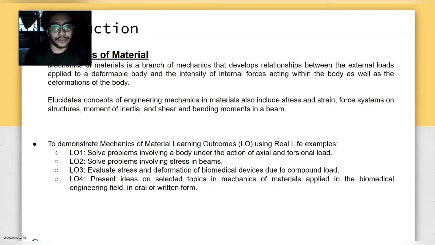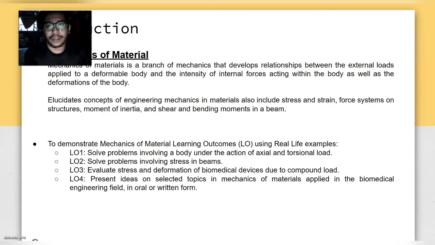Now let's go to our learning outcomes. We have 4 learning outcomes. For learning outcome 1, we should be able to solve problems involving a body under the action of axial and torsional load. For LO2, we should be able to solve problems involving stress in beams.